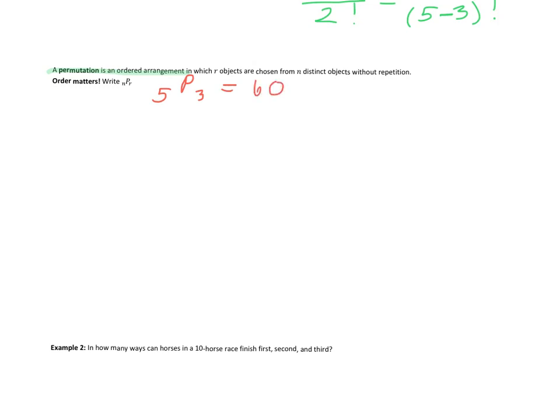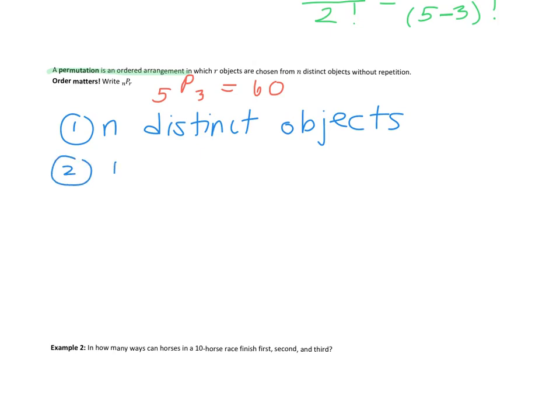So that's the notation. In order to use a permutation, we have to check 3 things. We need n distinct objects. In other words, all of the magazines were different. They weren't the same issue. No repetition. That happened naturally.